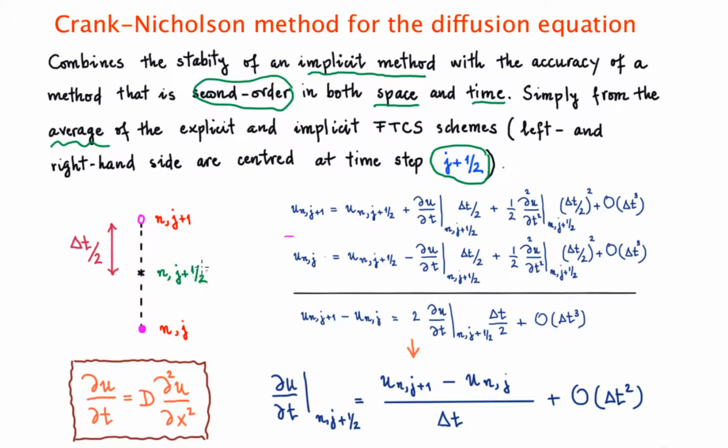So basically the strategy is that we are going to consider the expansion of both the partial derivative of u with respect to time here and the second order partial derivative of u with respect to x here in the diffusion equation, around that intermediate time.